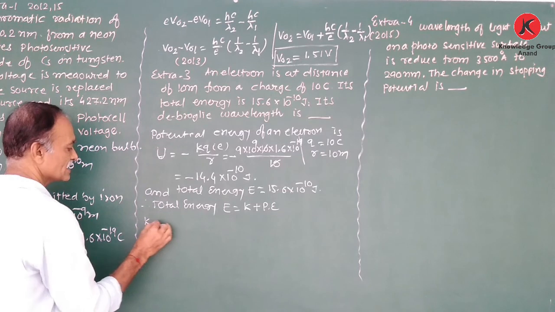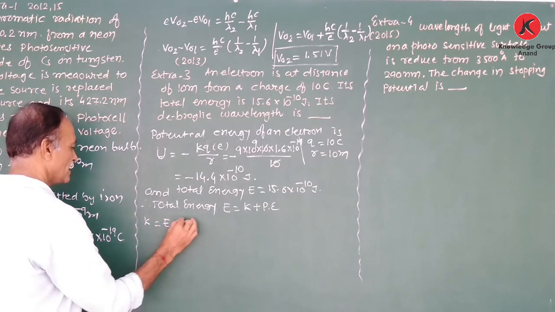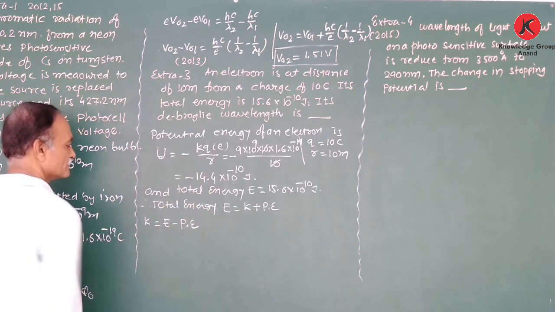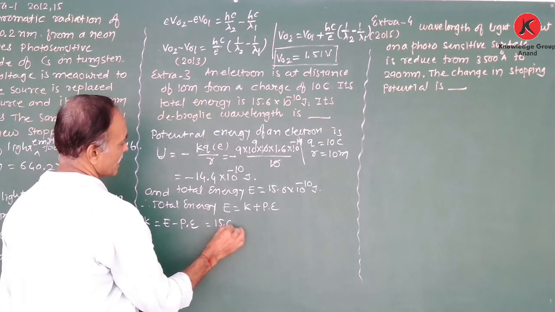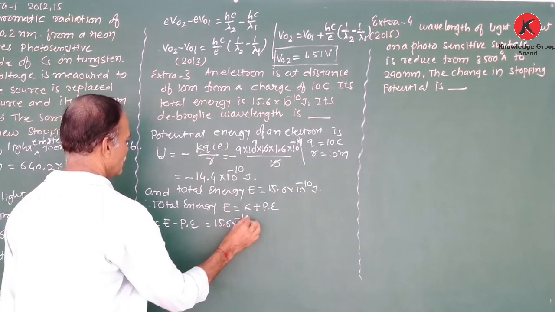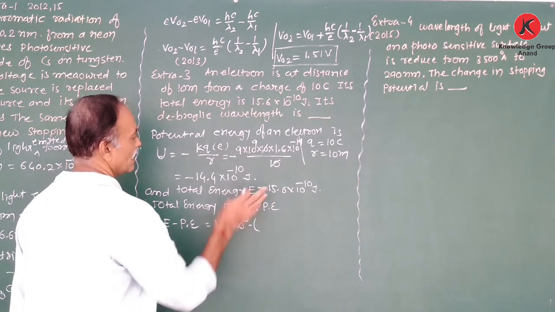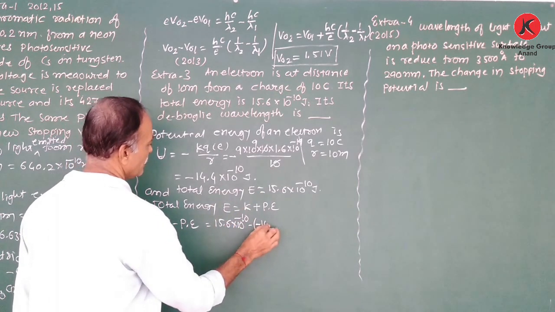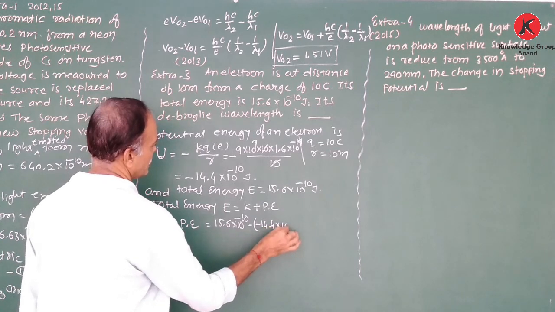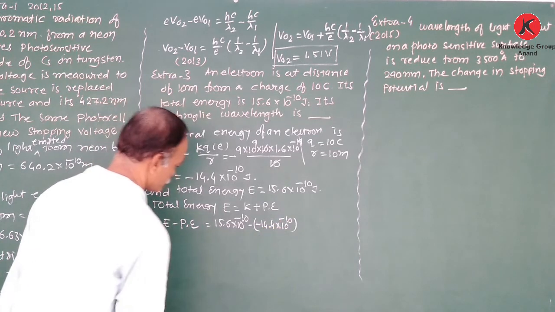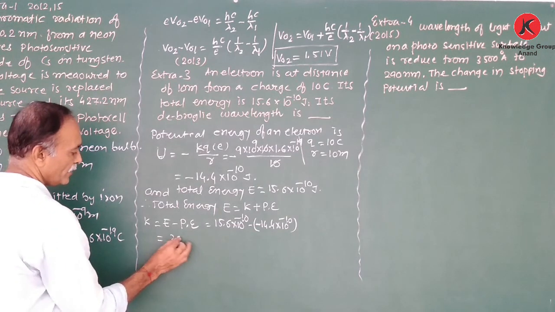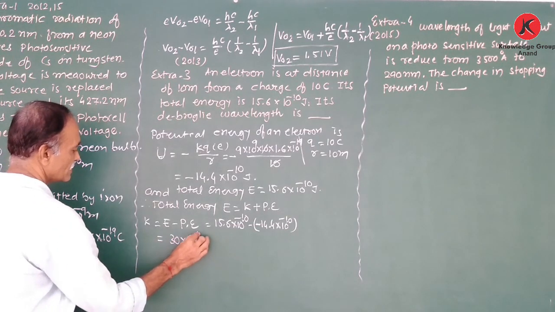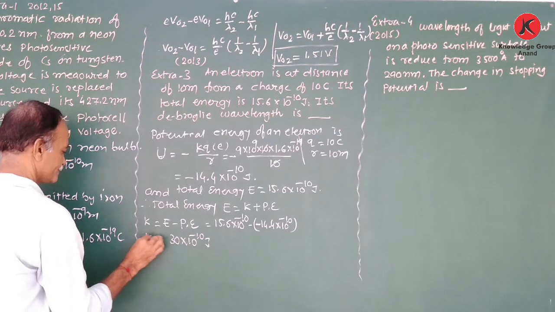Therefore, kinetic energy is equal to E minus potential energy. E is given as 15.6 into 10 is to minus 10 minus minus 14.4 into 10 is to minus 10. Therefore, kinetic energy is 30 into 10 is to minus 10 joule.